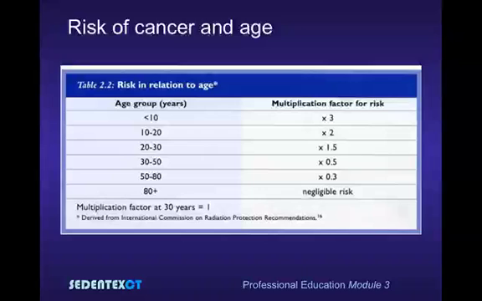And this is up to 3 times as great a risk if the individual is 10 years or younger. This is why we protect children very, very carefully in the context of exposure to X-rays. On the other hand, older patients get a gradual reduction in their risk from exposure to X-rays, so that by the time someone is 80 years of age, it is believed that the risk from X-ray exposure in terms of cancer is negligible.